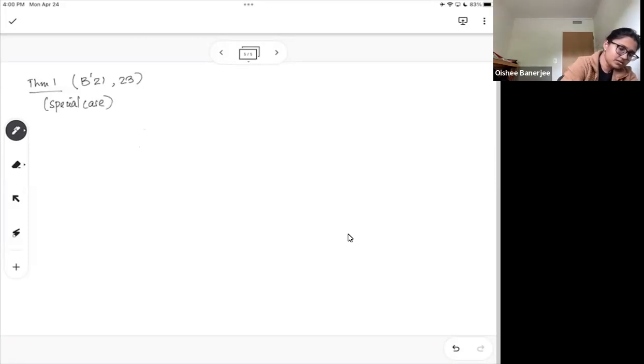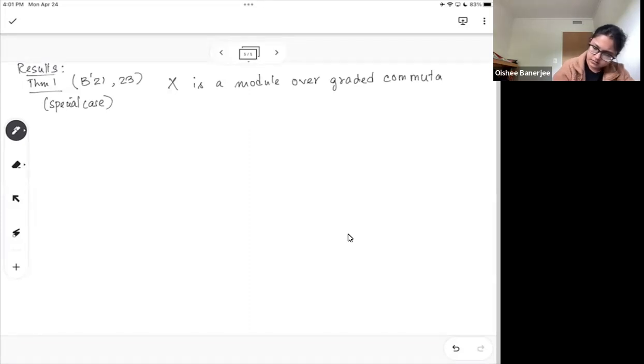So suppose X is a module over a graded commutative monoid M, where M has some grading.